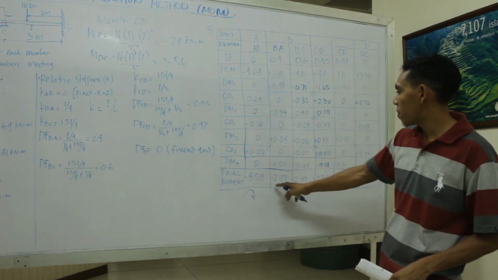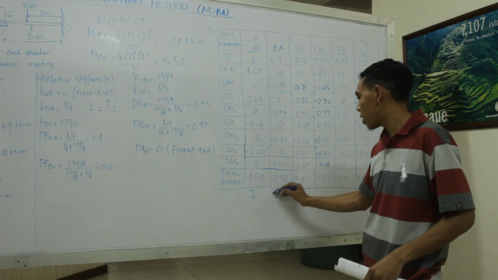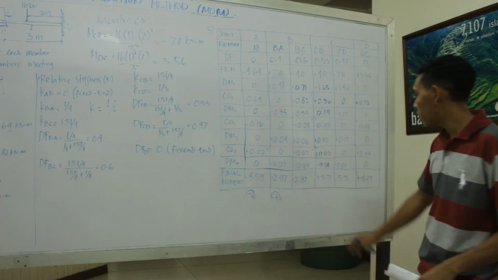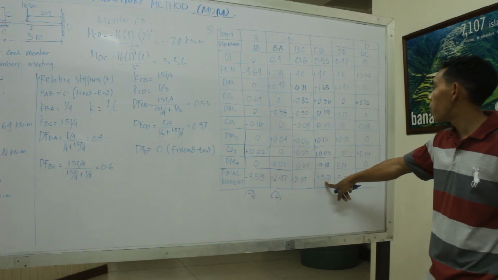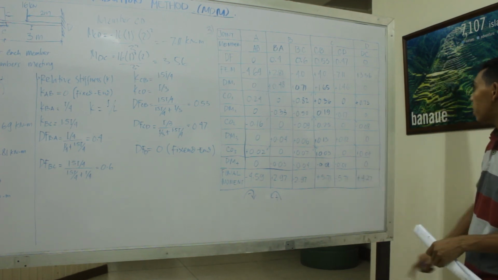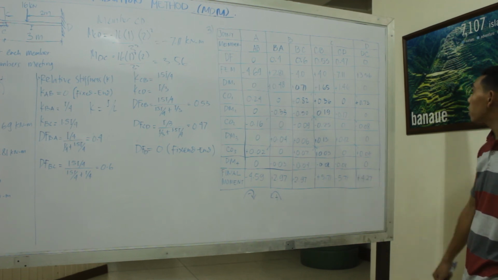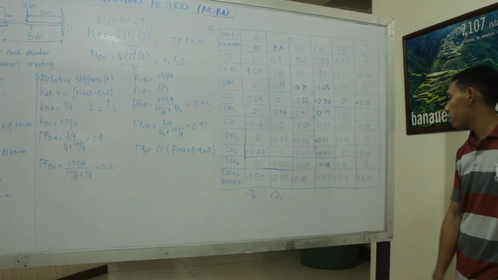And here we have a positive 2.97, counterclockwise direction. And here we have negative 2.97. We have a moment for CB is positive 5.71, and for CD we have negative 5.71, and for DC, for the fixed end D, we have positive 4.27.